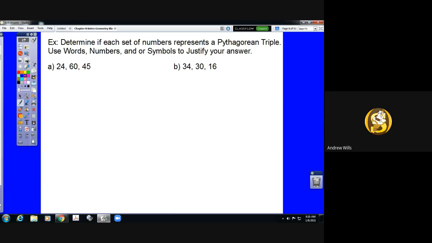Okay, so please, please, please be very careful with that. C value has to be the biggest value. And we are checking the Pythagorean theorem. 15 seconds.